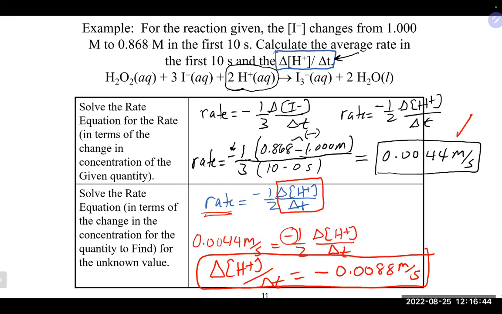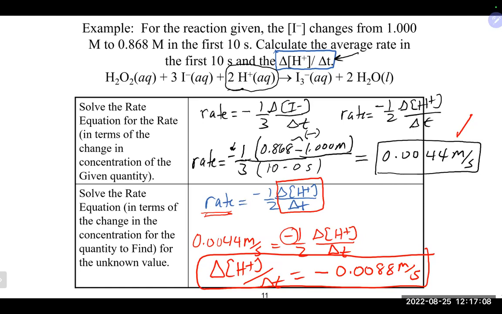It does, because H plus is a reactant, which means it should be decreasing with time, which means the rate at which it's coming down should be represented by the negative. It's dropping basically 0.0088 molarity every second. So the H plus part of it is losing that much concentration every second, represented by the negative sign.